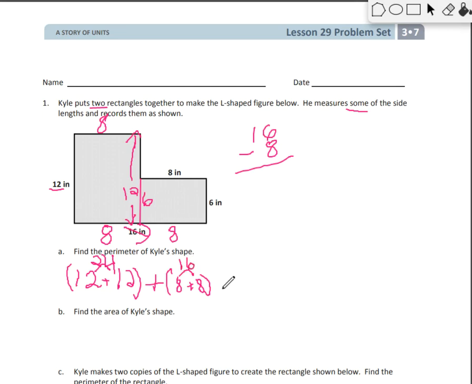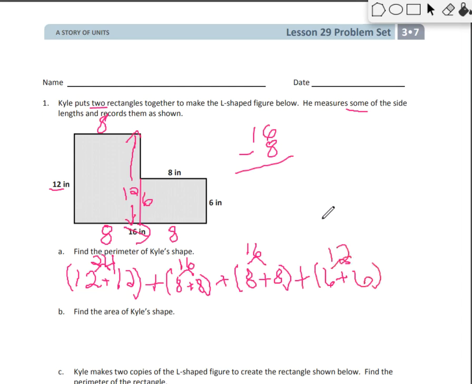I have another set of 8 and 8, so I'm just going to put those right here next to each other. I have 8 and 8 again, another 16. I'm just writing above them, showing where I've gotten my numbers from. So here's where I got my 24. Here are my 2 16s, and then I have 6 and 6, which is 12. This is how I have made all my numbers.